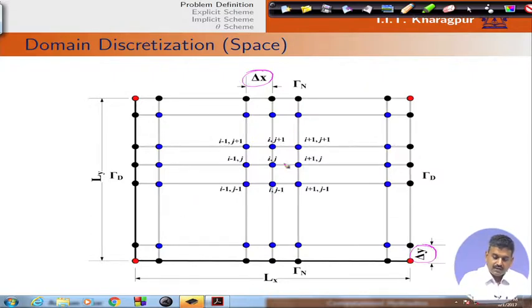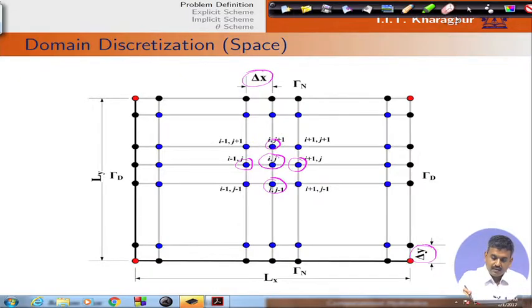With this, for a general location i, j, these are the neighboring points. That means i, j minus 1, i minus 1, j, i plus 1, j, i, j plus 1.